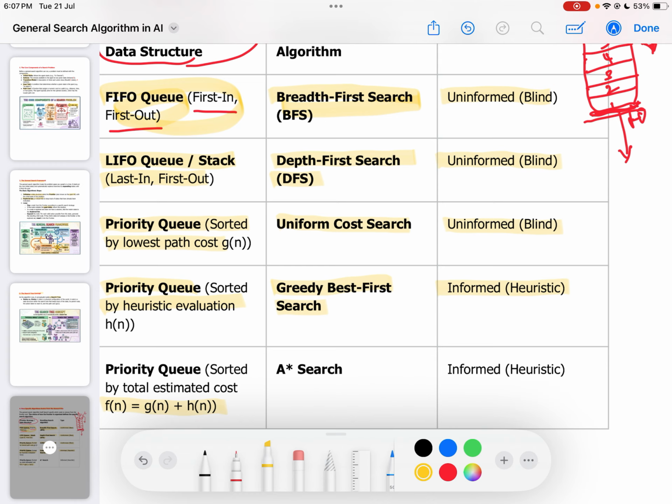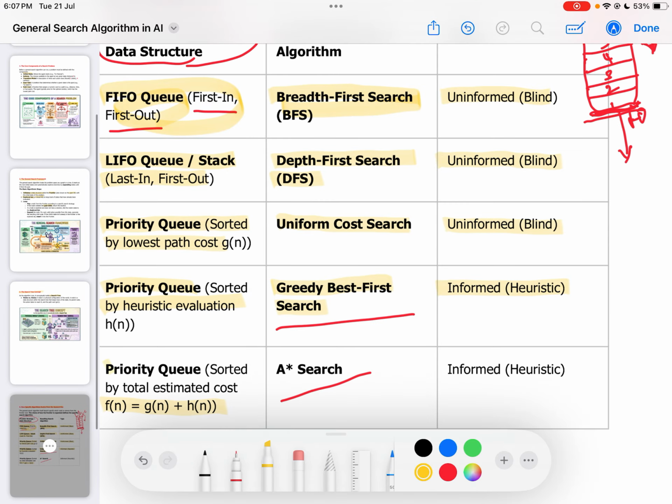I have given separate videos for greedy best first search and A star search. Please look in the playlist videos. Now let's talk about priority queue. Priority queue is again informed search and it is A star search, which uses this function.